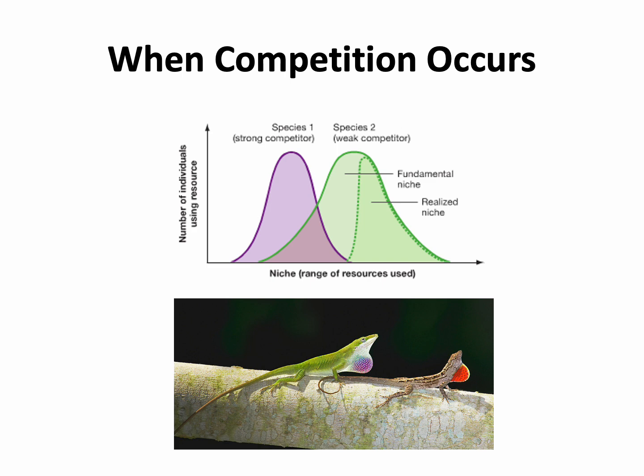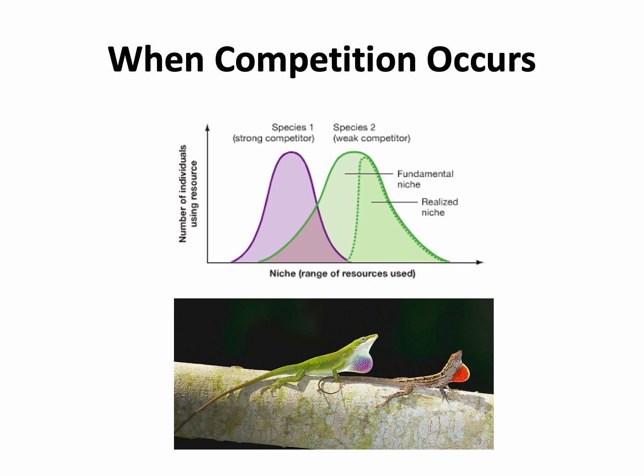So when competition does occur, what you tend to see is the weaker of the two, i.e., the one less able to use its environment, start to contract its niche and how it uses its resources. So a strong competitor may or may not change much, or it might even take over new places.